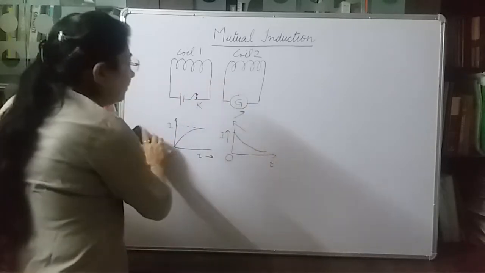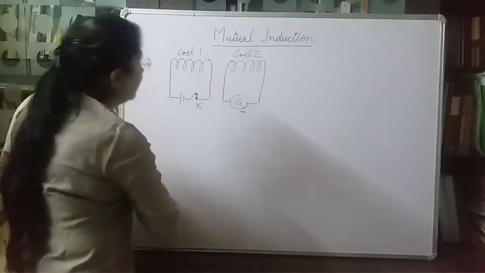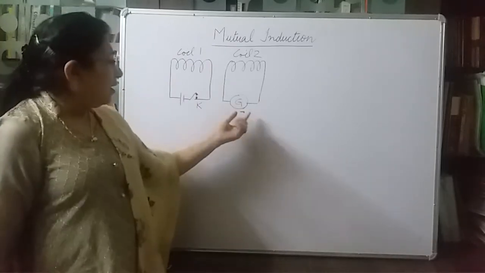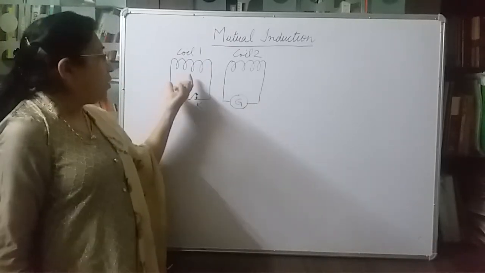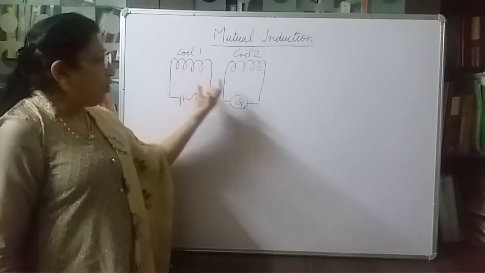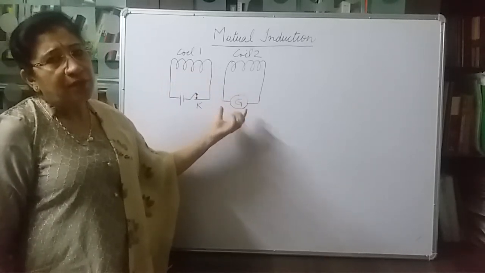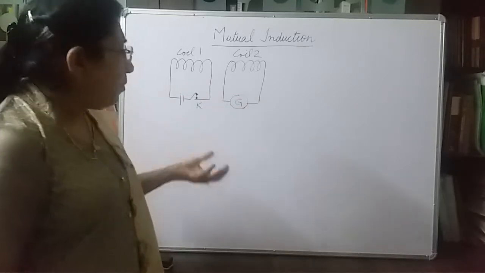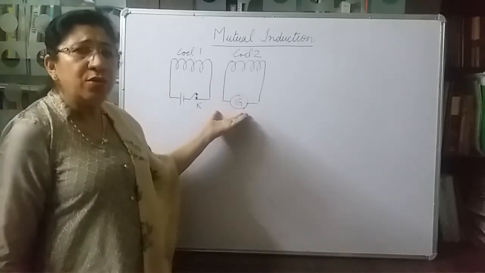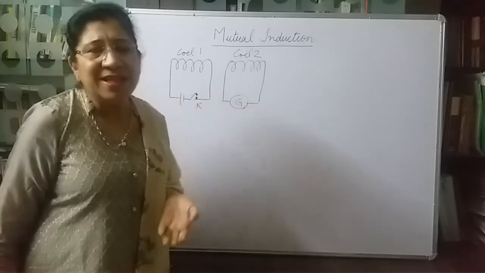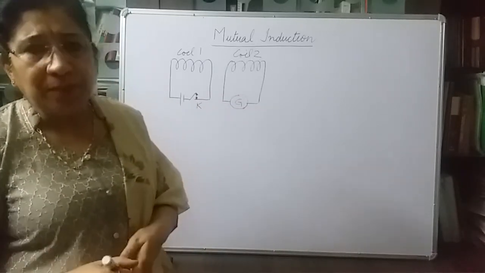This phenomenon is called mutual induction. That is, whenever the current linked with one coil changes, induced EMF is produced in the neighboring coil. We can define it as the phenomenon of production of induced EMF in a coil when the current changes in the neighboring coil.